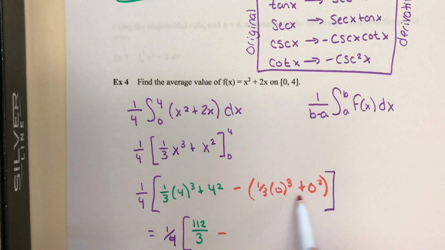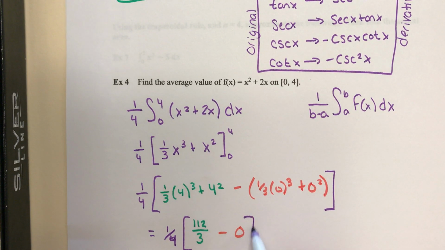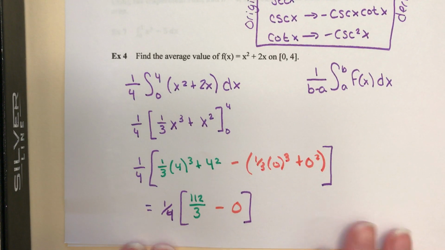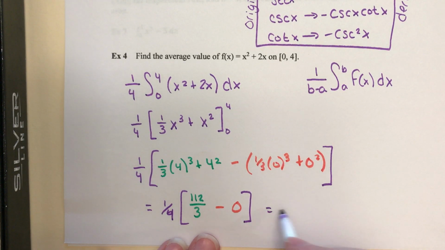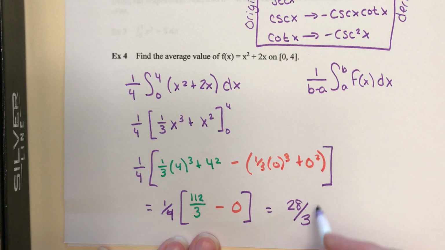Minus, this gives me 0. Okay, so last thing I'm going to do is multiply the 1/4 times that, which gives me another fraction. So that is 28/3.